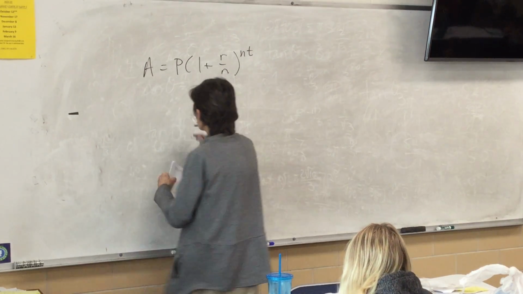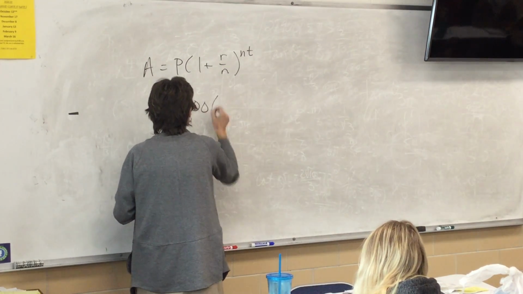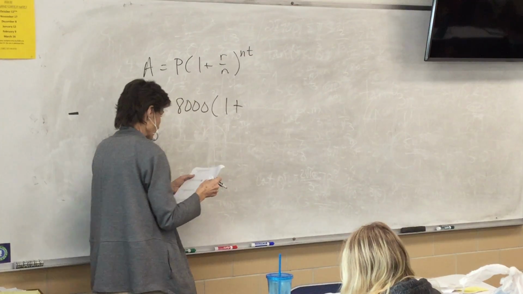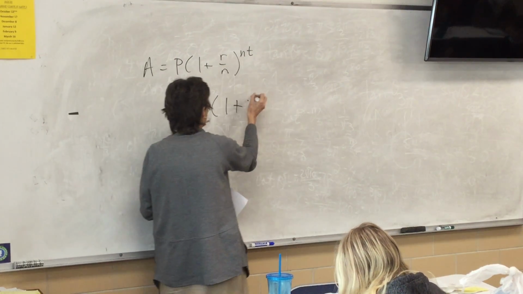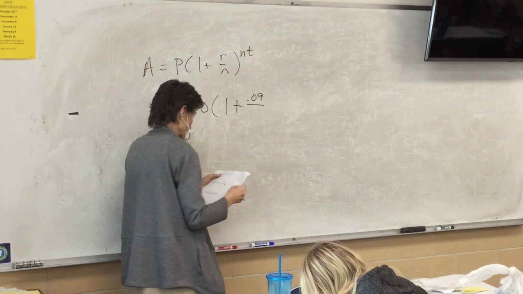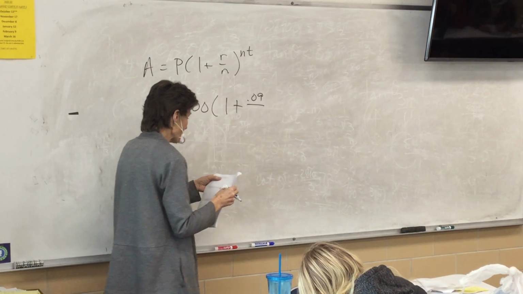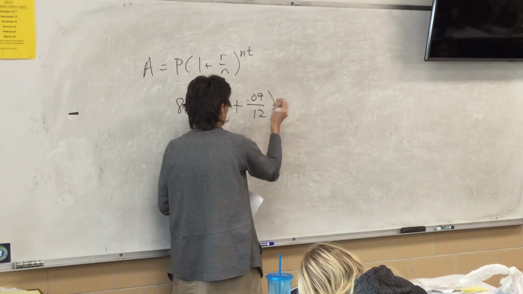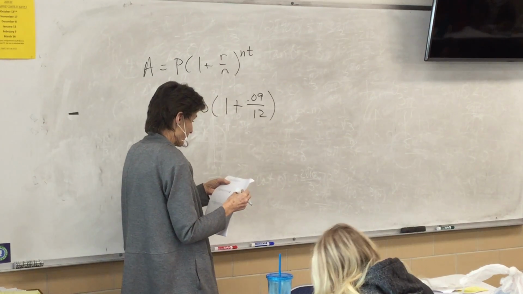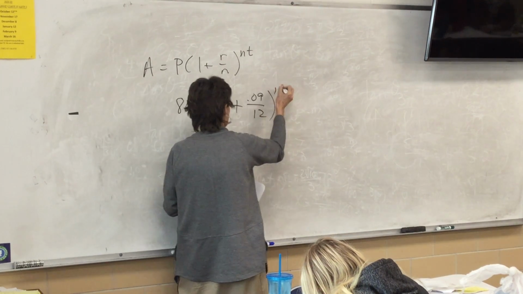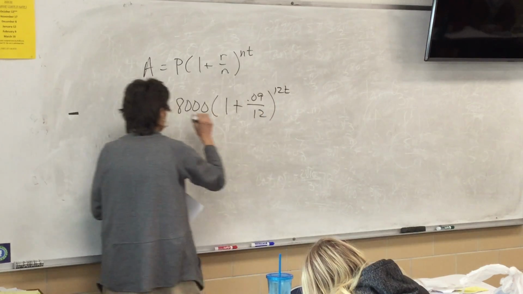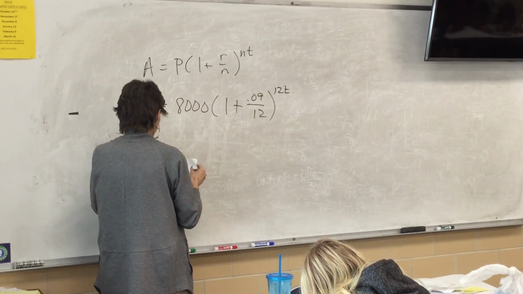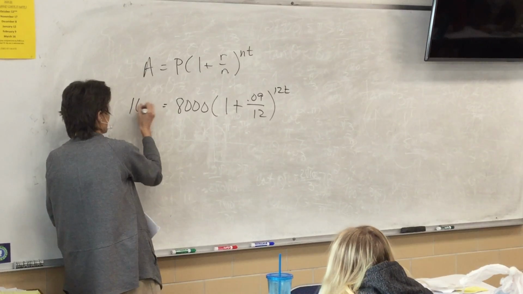So this is number 12, Joelle. She's investing $8,000. Her interest rate is 0.09. Compounded monthly would be 12. How long will it take? I do not know what T is, but I want to basically double my money.